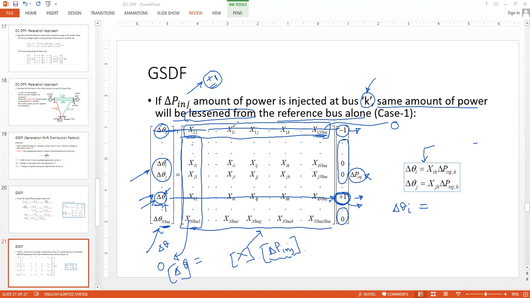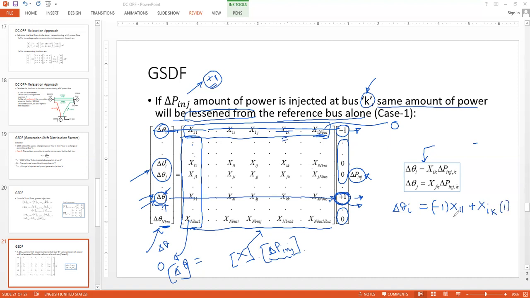So I can write del theta i equals this row multiplied by this column. You see only two non-zero entries are there. The first non-zero entry is -1 into x11. And another non-zero entry is plus xik into 1.